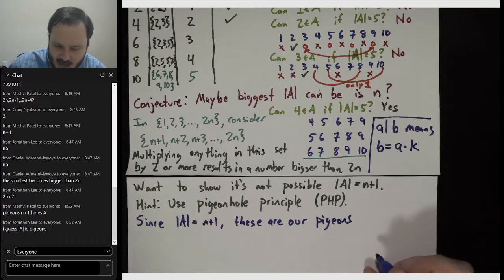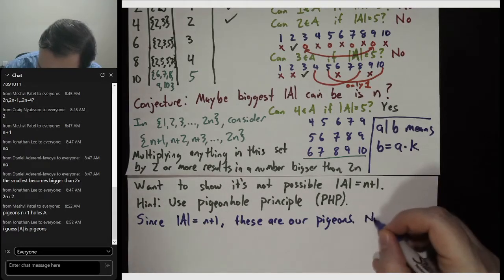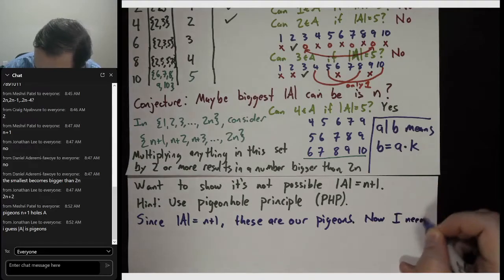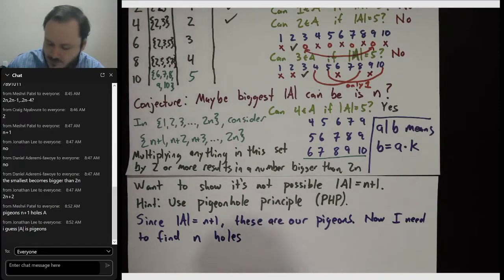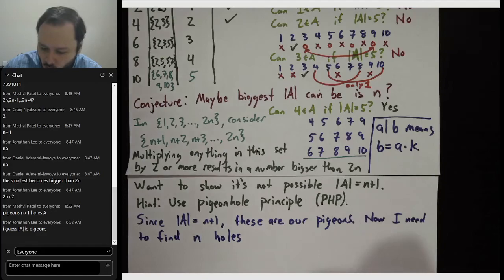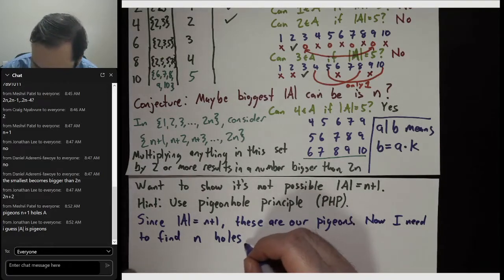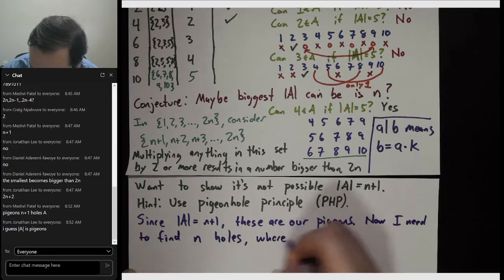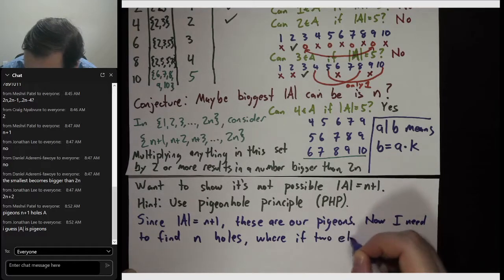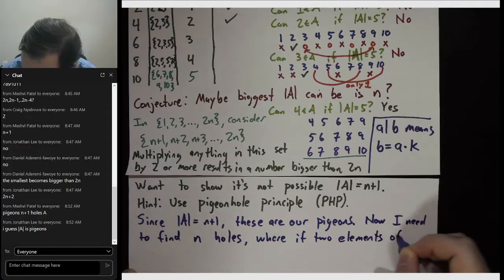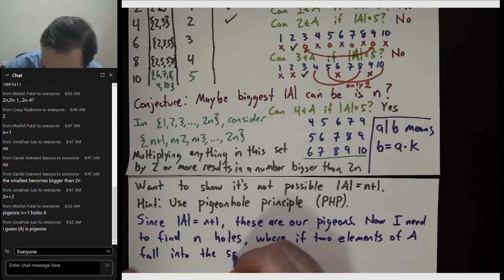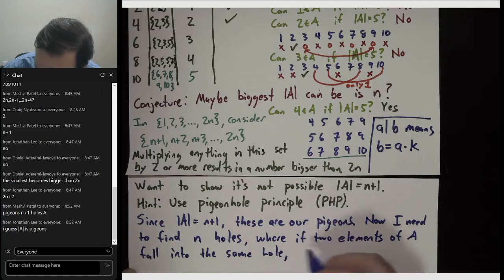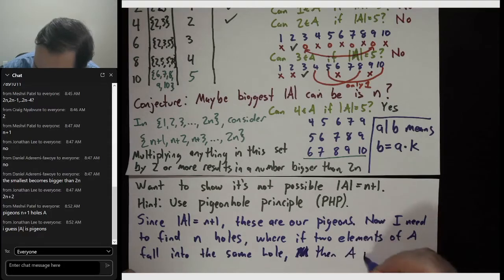So now I need to find n holes. Where if there's 2 elements in one hole, that's a problem. Then A is not a valid set.